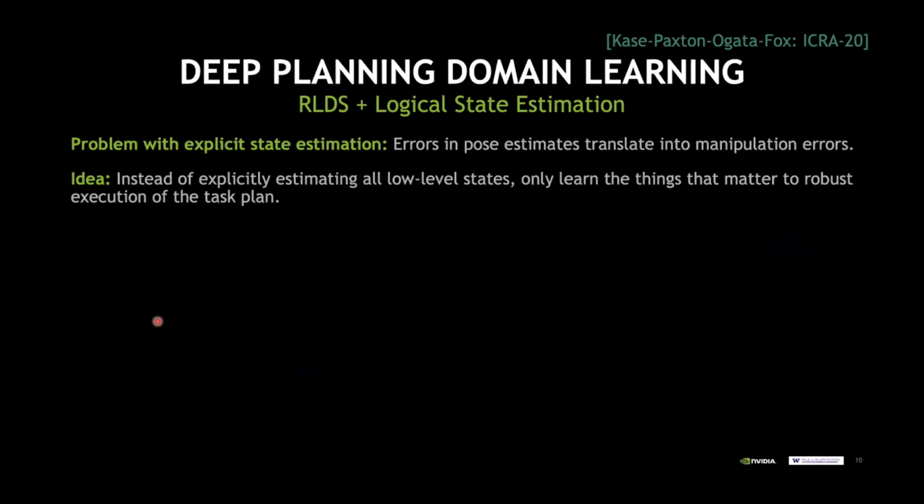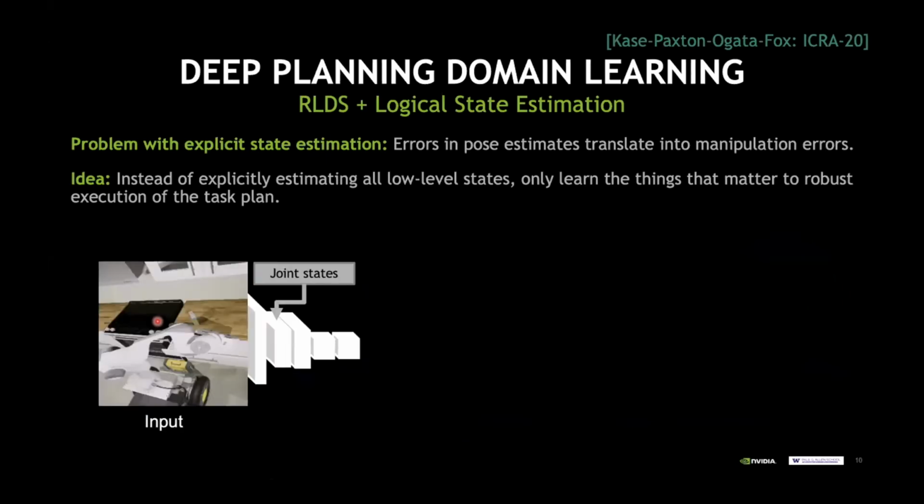The idea here is, again, we just want to keep track of the logical state that, for example, the task execution actually cares about, and also generate the intermediate goals that are necessary to execute a longer-term task. So the input to the system is a sequence of images, you can see them here on the left, along with the joint states of the robot.